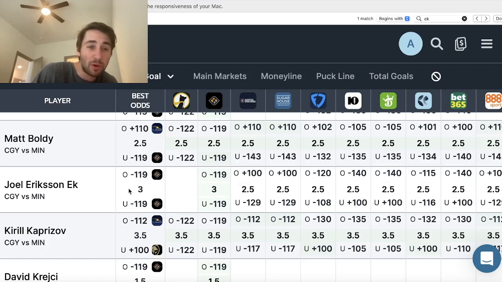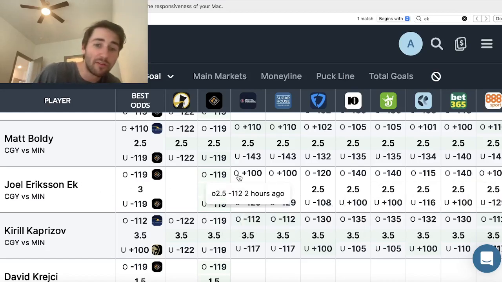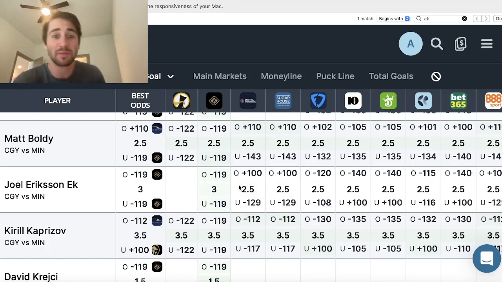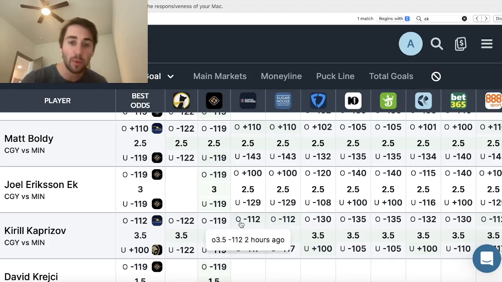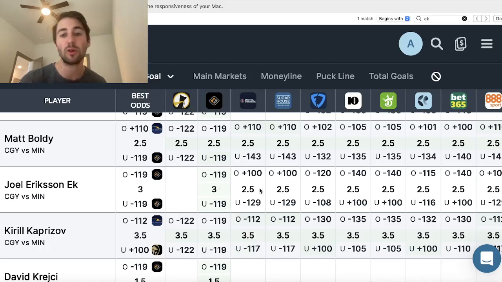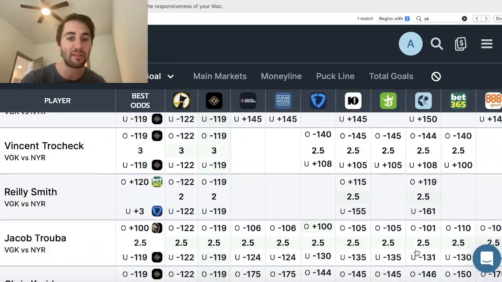You can see some sportsbooks have his over 2.5 shots on goal favored, some have the under favored, but long story short, it becomes pretty clear that PrizePicks is way off, setting their line at over-under 3 shots on goal. So I hit the under, right? We want to take the under 3 shots on goal because all the sportsbooks are at 2.5.